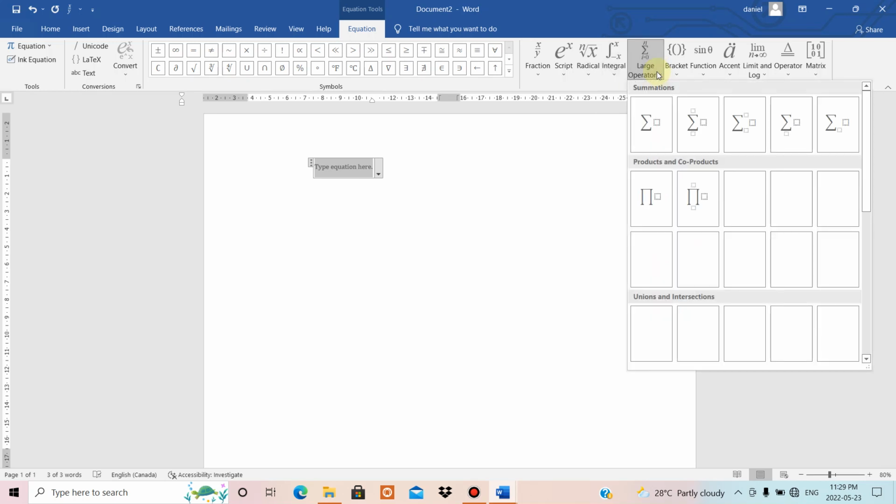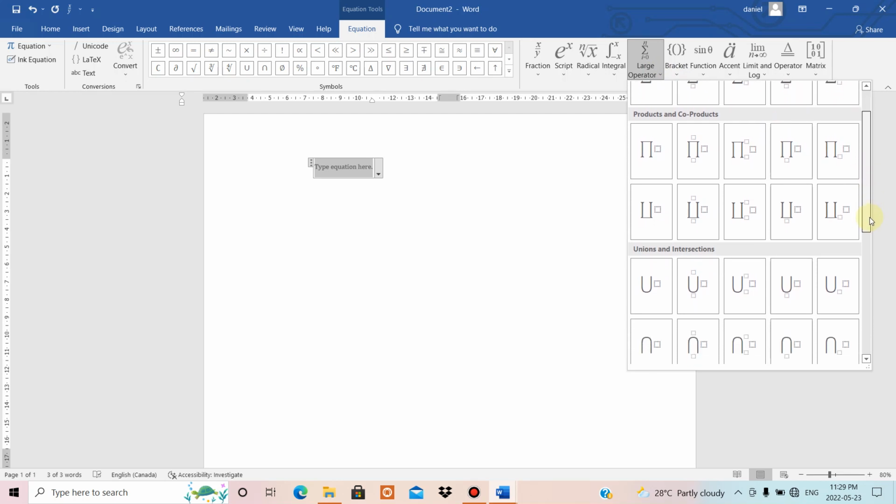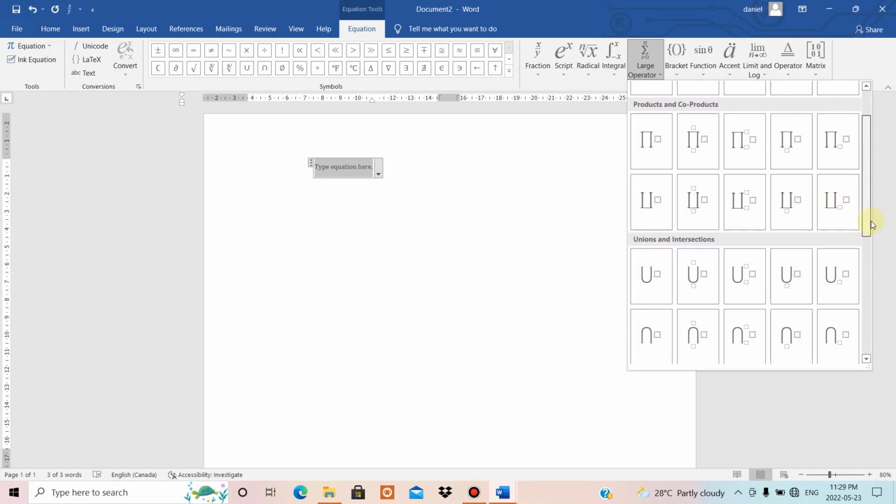Now this is the summation, or the Large Operator. You have summation, which is the normal summation, and summation with limits, in that sequence. Now this is product and co-product. If you need anything of this nature, you move to Large Operator.